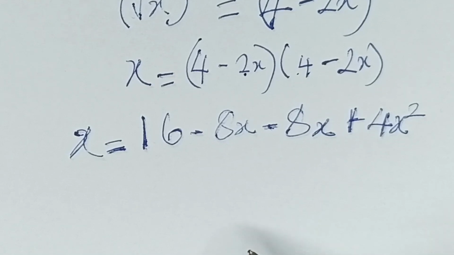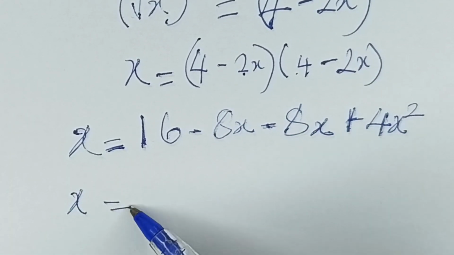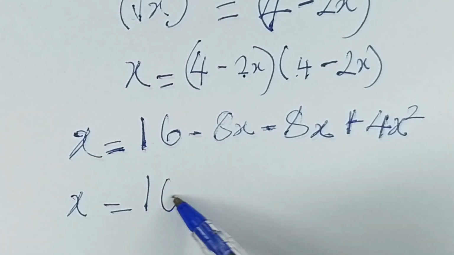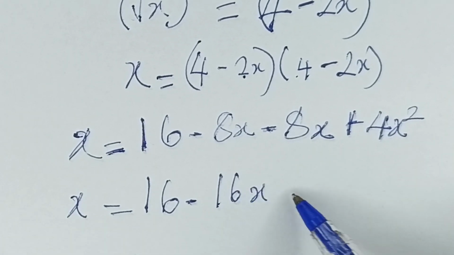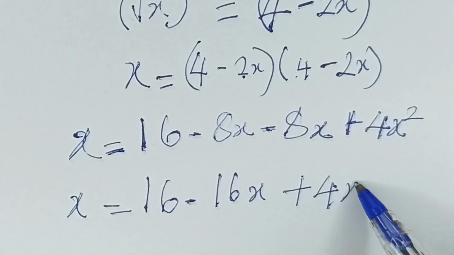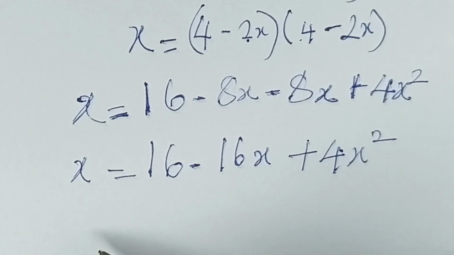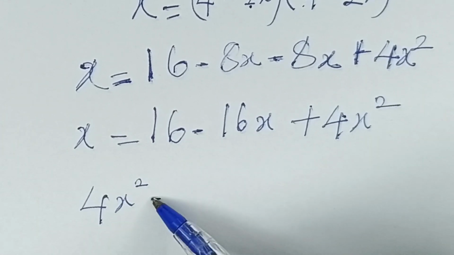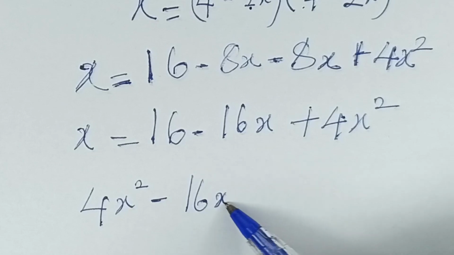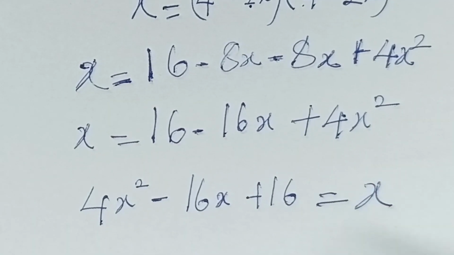Okay, so we now have that our x is equal to 16 minus 16x plus 4x squared. Rearranging this, we can say that this is now 4x squared minus 16x plus 16 is equal to x.